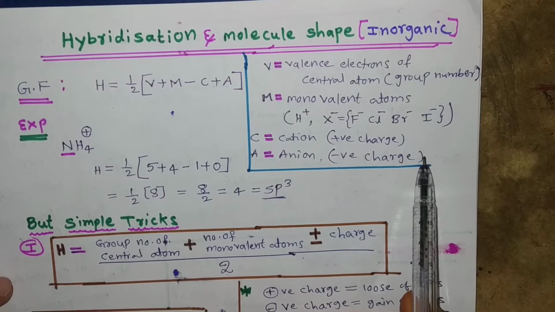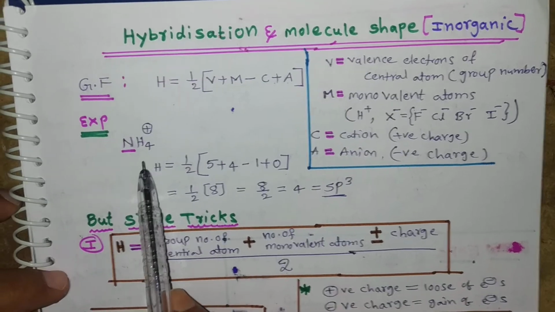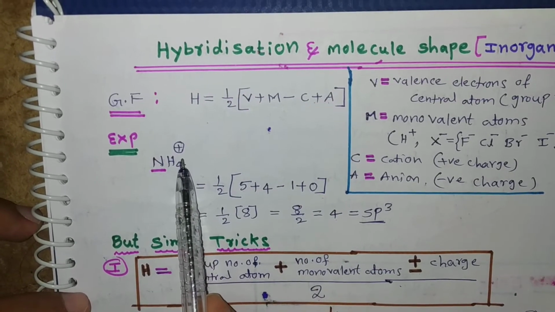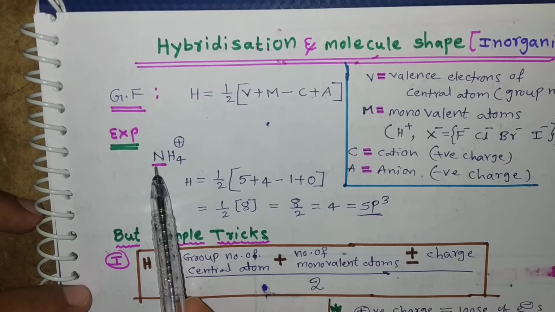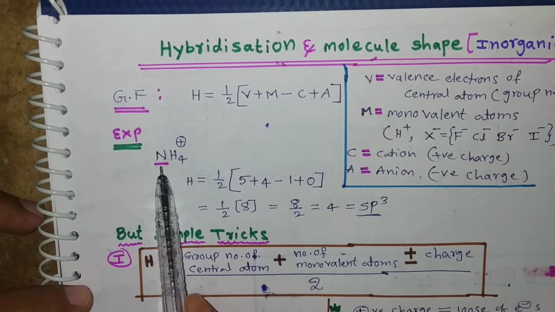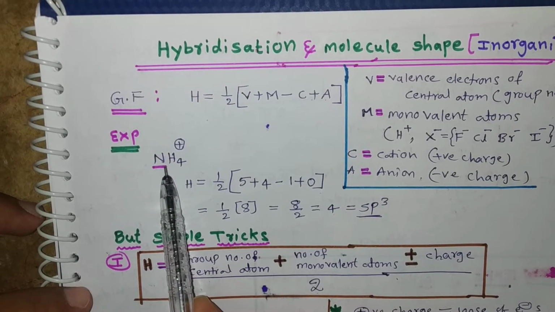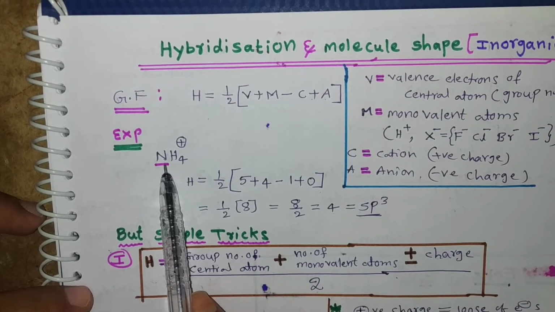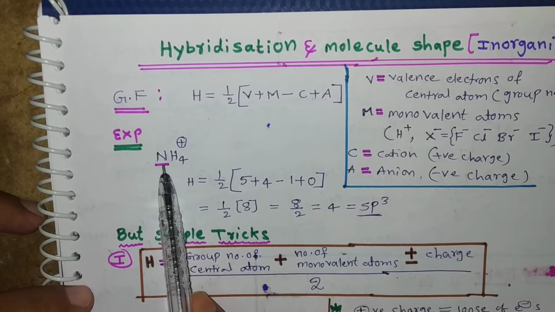Now let us see an example. NH4 plus. In this compound, nitrogen is the central atom. Nitrogen belongs to the fifth group in the periodic table, so how many valence electrons? 5.